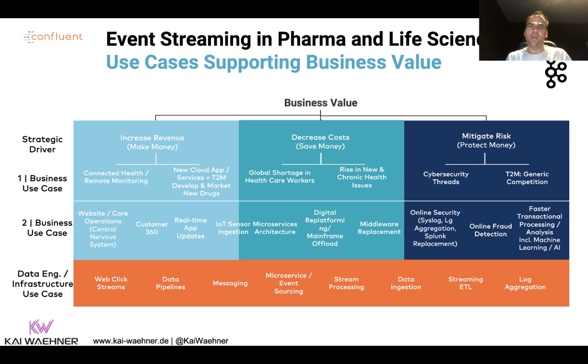And starting from that, if you see these examples from pharma and life sciences, like connected health or healthcare workers and how they work in their industry, or something like cybersecurity threats, then it's always important to start with the business case and then drill down into what you want to do to implement this. And this is then where specific pieces come out from the architecture and specific use cases.